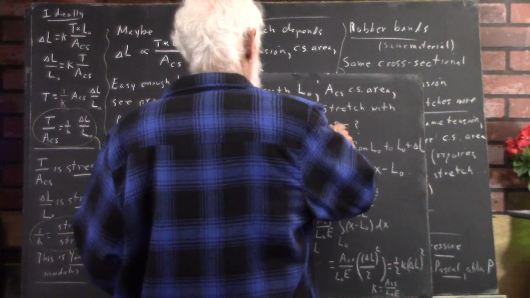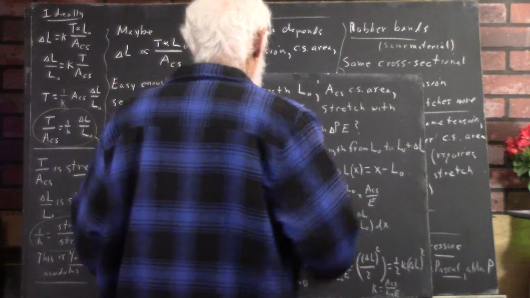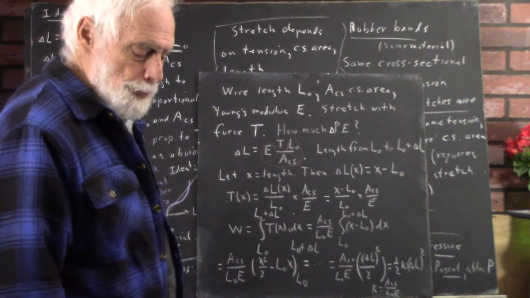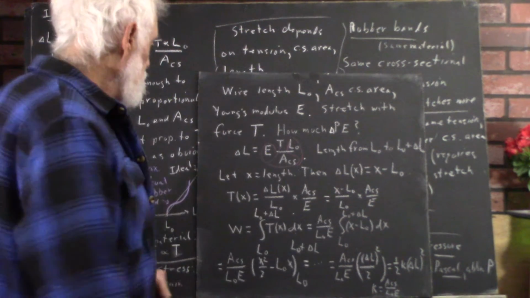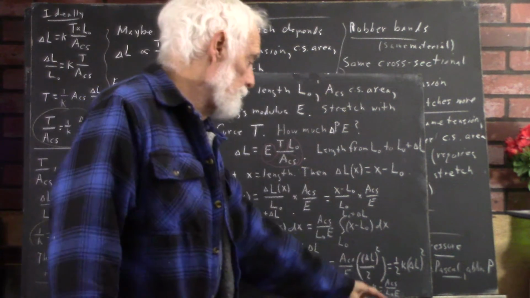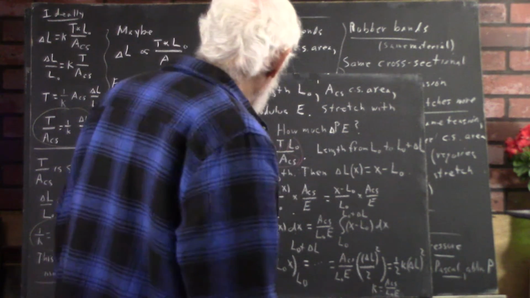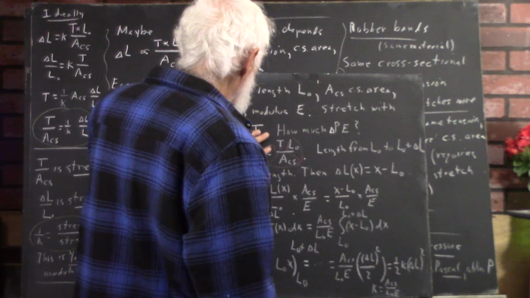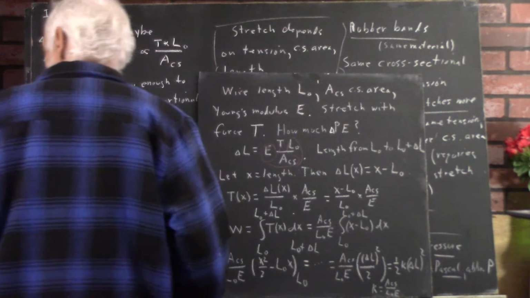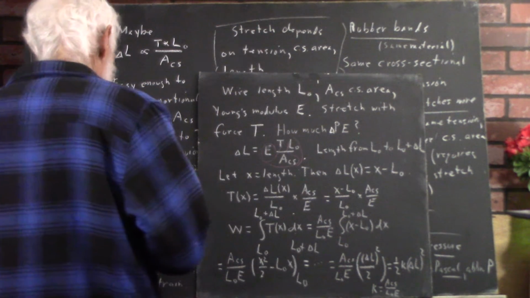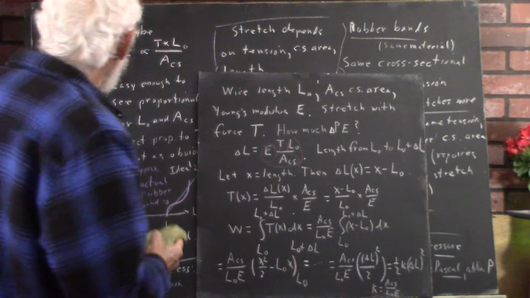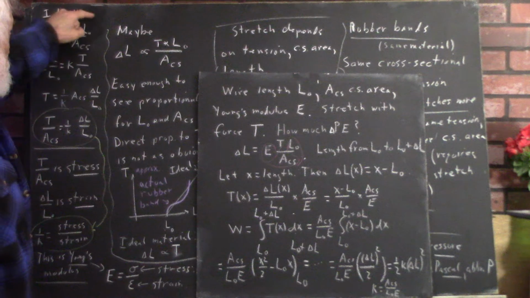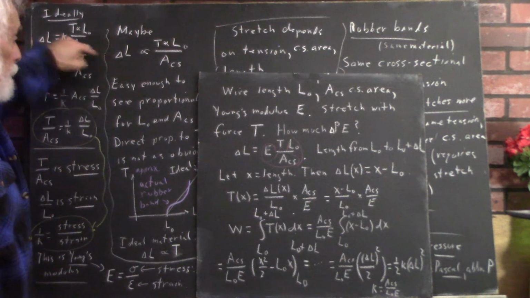Okay, so what's the change in potential energy? Now I wrote something down here with very little thought, and it was wrong, and it led me to some confusion down here. So let's correct that. Where I had E here, Young's modulus, remember that when we had our proportionality over here, K was the multiplier of this T L naught over ACS.